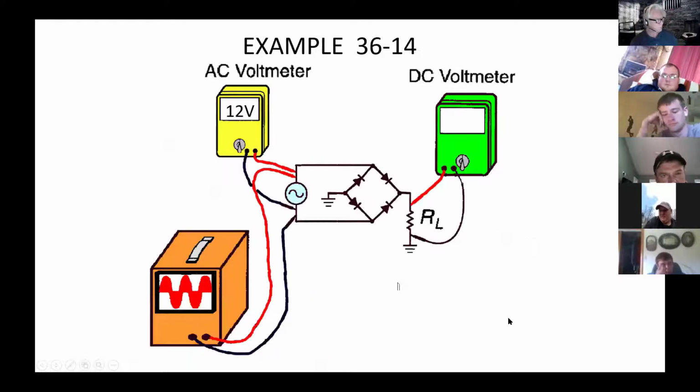Your computers are a good example. Most of the stuff that's in there is semiconductors, and most semiconductors operate on DC circuits and power. So you don't have DC available to you, so you've got to take the AC coming out of the wall and provide the appropriate powers for the different devices in your PC.